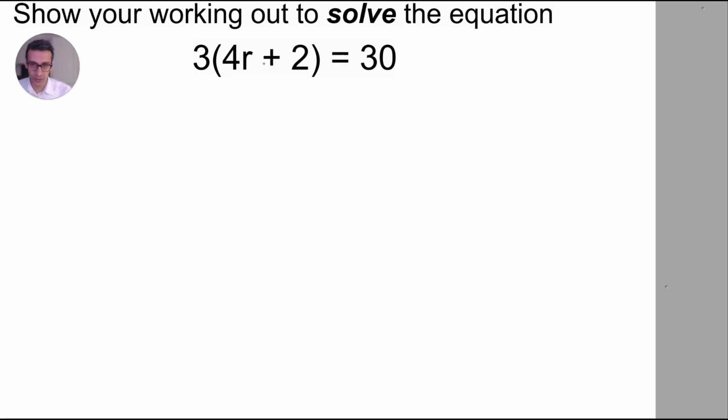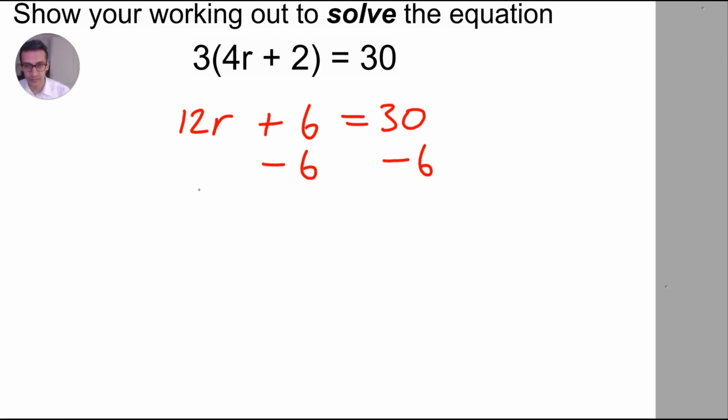Okay, I'm going to show you the answer. Pause the video if you need longer. This time I'm going to expand the bracket just because I divided in the last question. So let's expand this out. So 3 times 4r is 12r. 3 times 2 is 6. You get 30. And then I am going to take away 6. Take away 6.